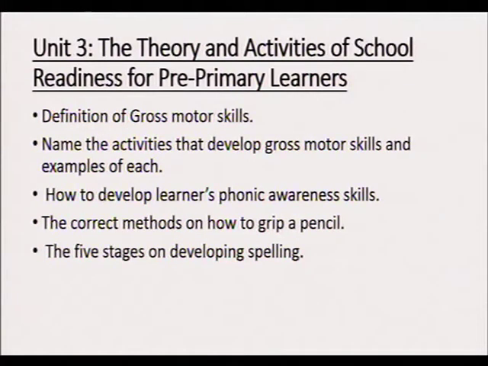How to develop learners' phonic awareness skills. Know the correct methods on how to grip a pencil. Know the 5 stages on developing a spelling. That is all what you have to look at in Unit 3.